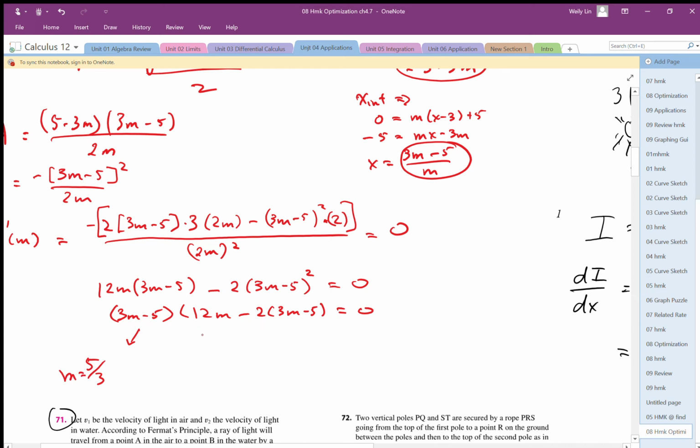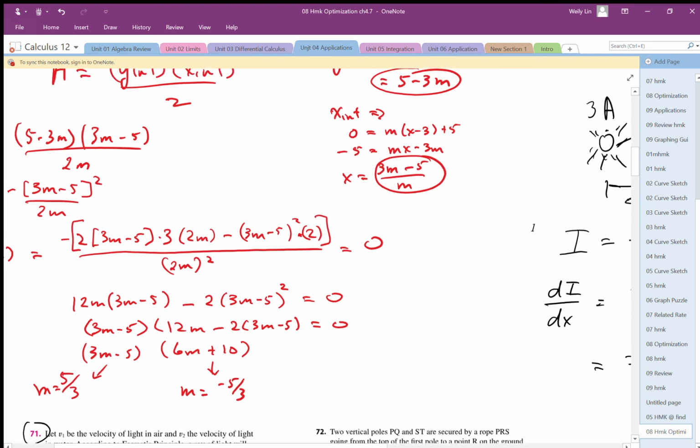And simplifying the other factor, 6m plus 10, well, there's another solution. That's the one solution, and this is m equals negative 5 over 3.